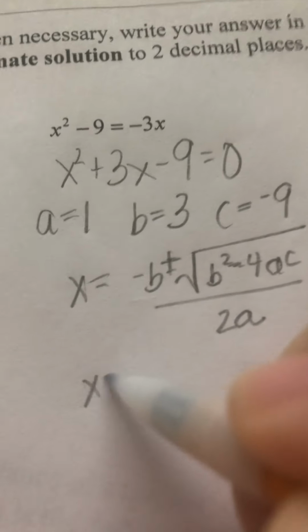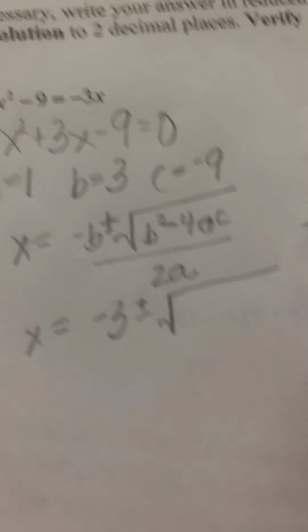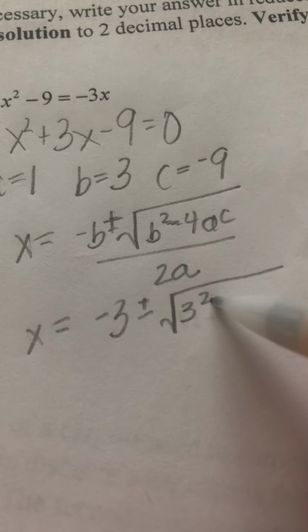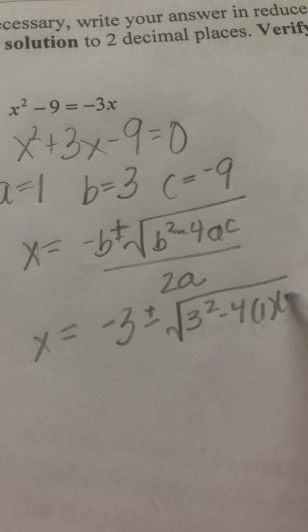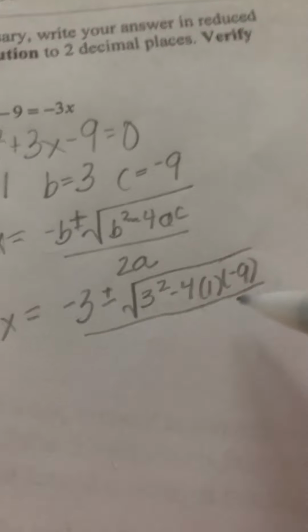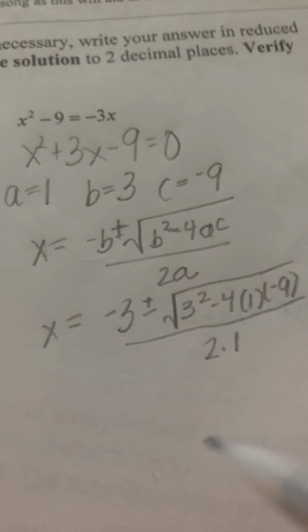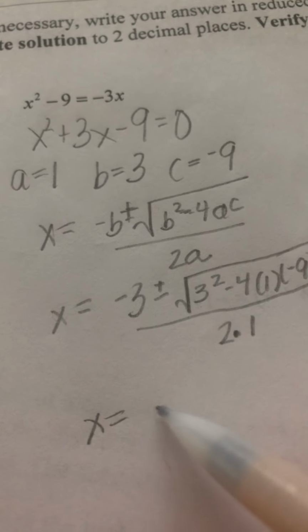So x equals the opposite of b, so negative 3, plus or minus b is just 3, minus 4 times 1 times negative 9, all over 2a, so 2 times 1. That's a times sign, y'all. Okay, negative 3.